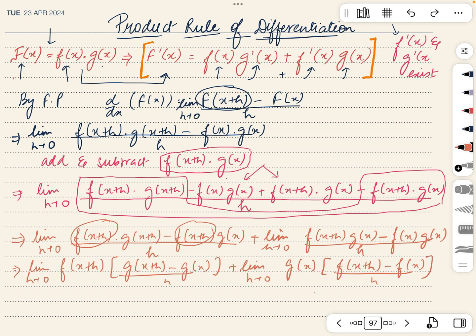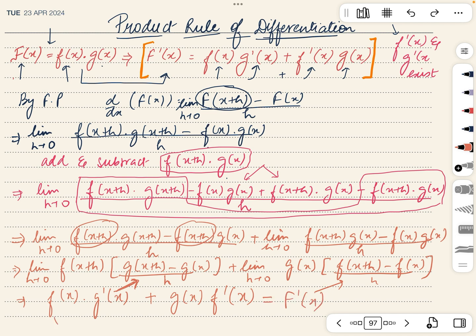Can you see the first principle coming over here? And now if I put the limit h tending to 0, that means h is going very, very small. So I am going to get f of x times g dash of x, because this is what is called the differentiation of g of x, plus g of x as it is, and differentiation of the first function f of x. This is what looks like f dash of x.